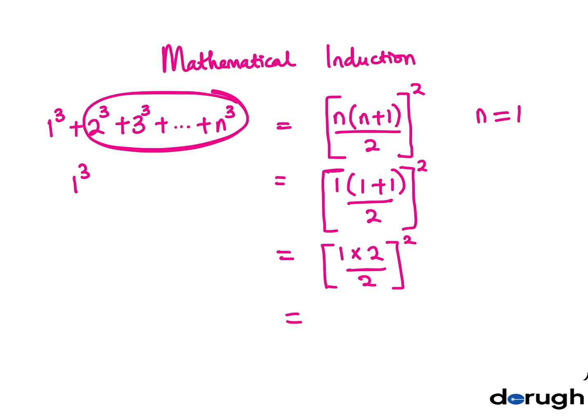The 2 will cancel the 2 and we have 1 squared. On this side you have 1 power 3, don't forget. And 1 power 3 is 1, 1 power 2 is also 1. So step 1 is complete because the statement holds true for n equals 1.